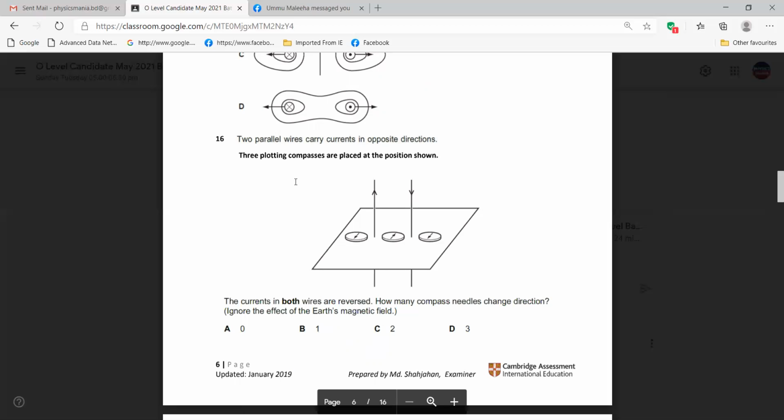Two parallel wires carry current in opposite directions. So definitely I need to use the right hand grip rule here. Of course. Three plotting compasses are placed at the positions as shown. I need to draw the magnetic circles, the shells.